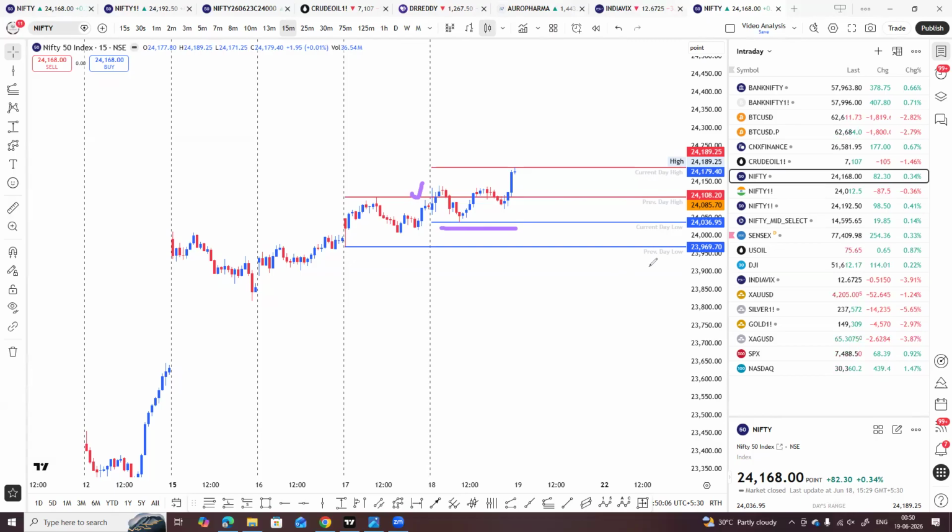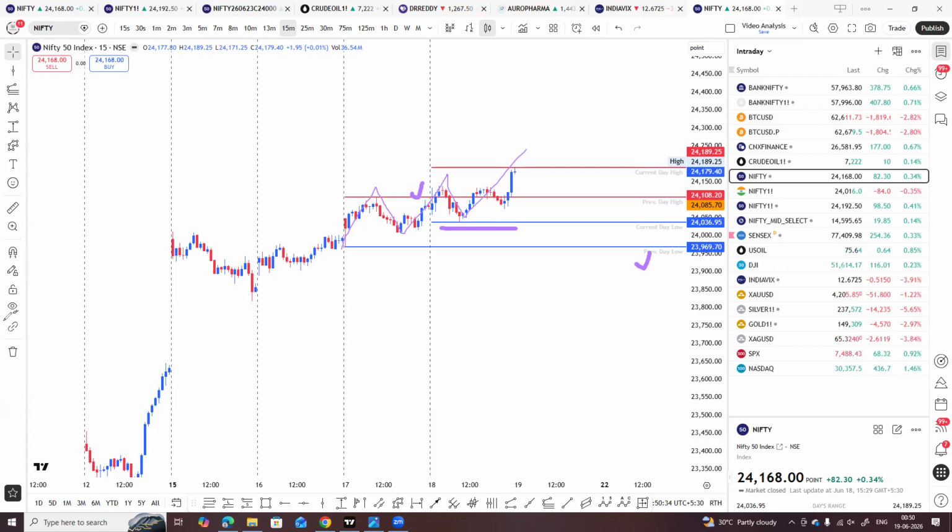So previous day low, which remained untouched, is 23,970. So the structure remains bullish because Nifty continues to form higher highs and higher lows, like what you see here.